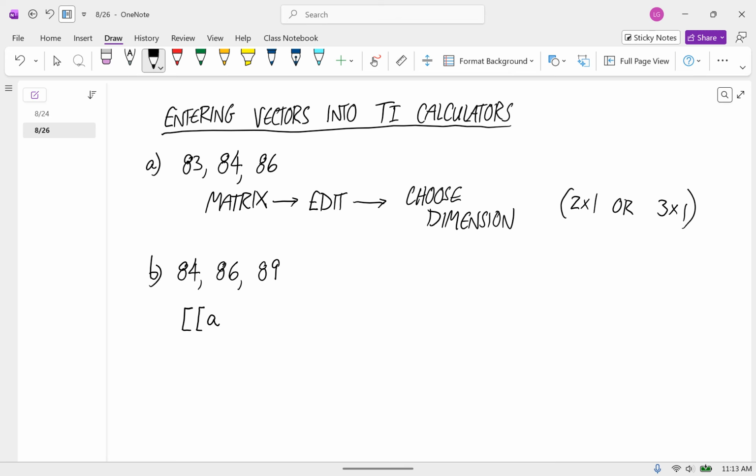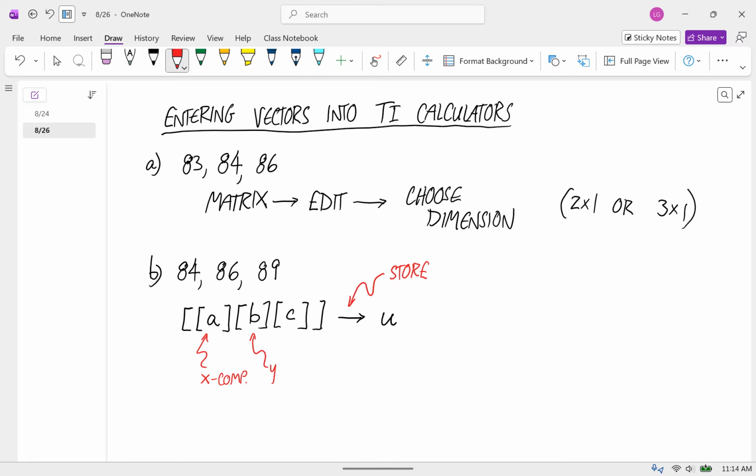So you'll go A, B, C, and then the button here, you can put this in a variable if you want. This is the store button. And then you can use those in calculations. So this would be the X component, Y, and Z.